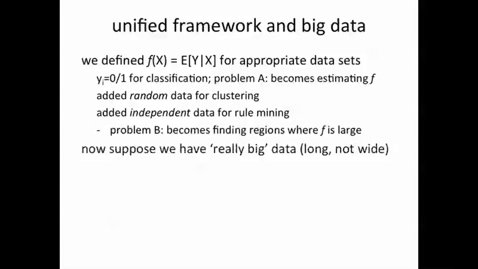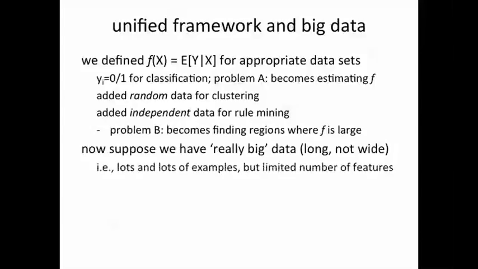Now, suppose we really have big data. That means lots and lots of examples. It's long data in the sense that there are lots of examples, but the number of features isn't too large, so it's not wide data. This is typical of real-world data outside of the web world, where you have words and even images and videos where the number of features can be huge.